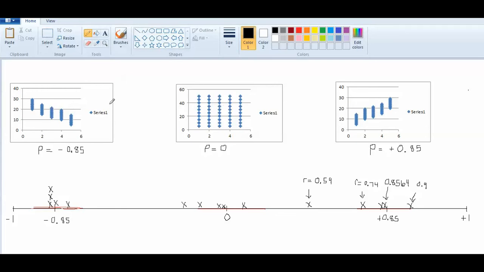Now what we need to talk about is the null hypothesis and the alternative hypothesis. Whenever you're taking a sample from a population, and you're interested in whether there's a correlation in the population, there's 2 competing possibilities. Either there's no correlation in the population, like how it is here, or there is a correlation in the population, like it is here or here.